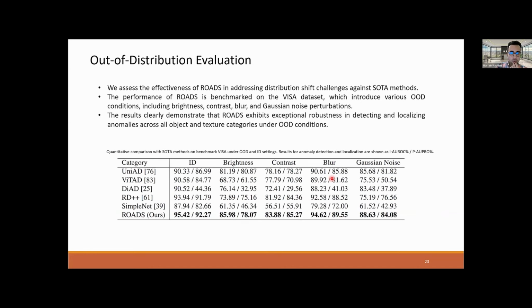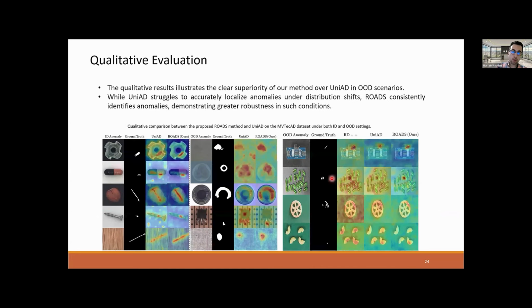And this is the result for the VisA benchmark and VisA dataset. That is another benchmark that we adopted in our paper for our comparison. And this is also a qualitative example of how our model works under distribution shift.